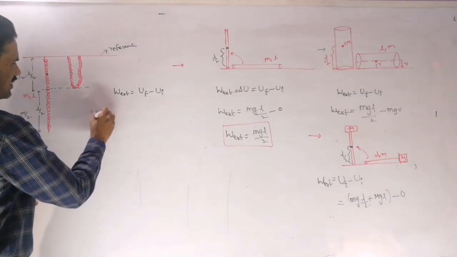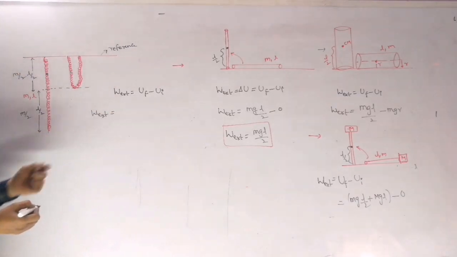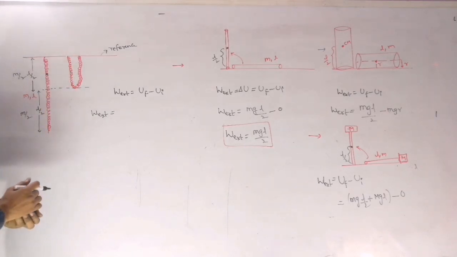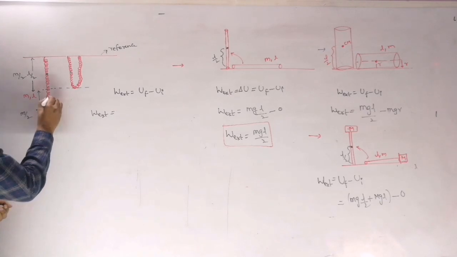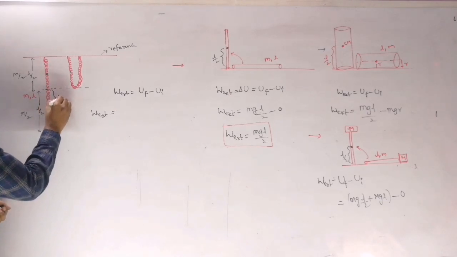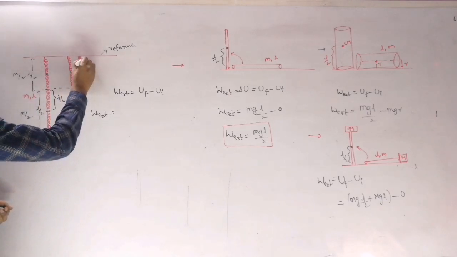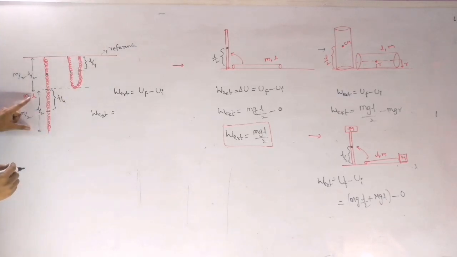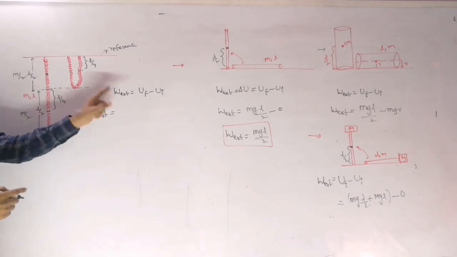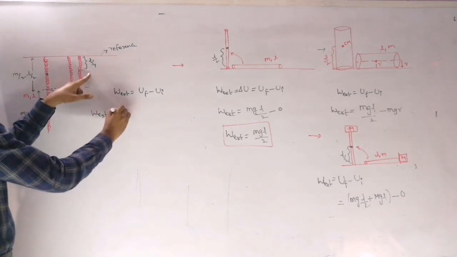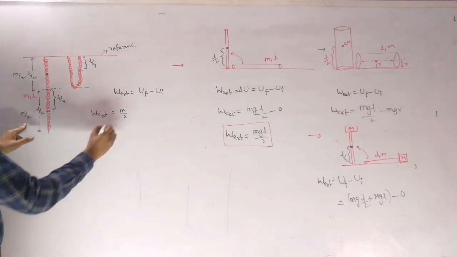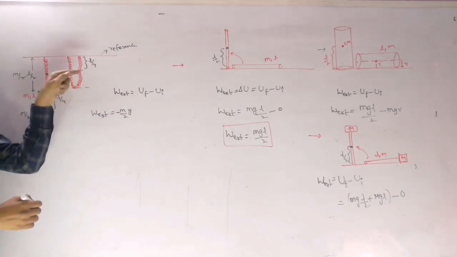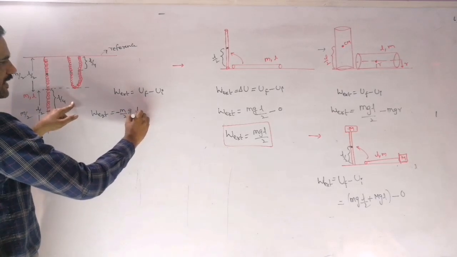And therefore for this external work done, we first write the final potential energy. So only the potential energy of this part I am taking here. For this part the center will be L by 4 from this. And similarly here from this it is L by 4, half of this length, right? Now the final potential energy of this, mass of this part is M by 2, into g, sorry, it is minus we need to consider because we are taking below the reference level, L by 4.